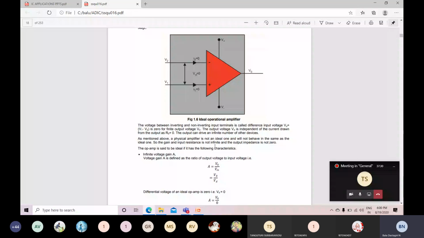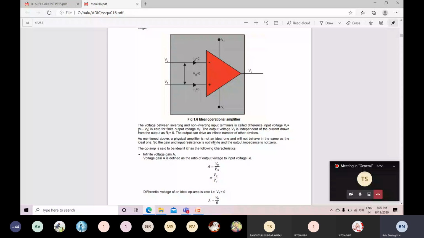So first, what we have to understand is that Vd is the input differential voltage, which is 0, and I1 and I2 are the input currents drawn by the inputs of the operational amplifier, which are 0. The next one is that the output voltage V naught is independent of the current drawn from the output, as Ro is equal to 0.